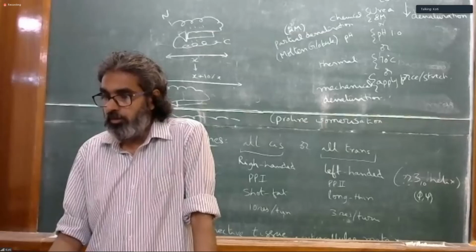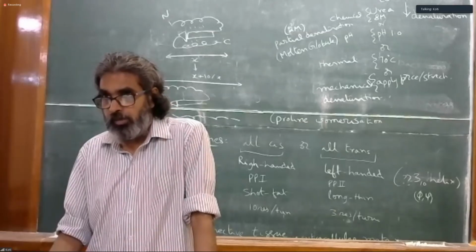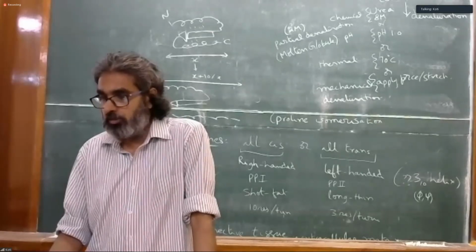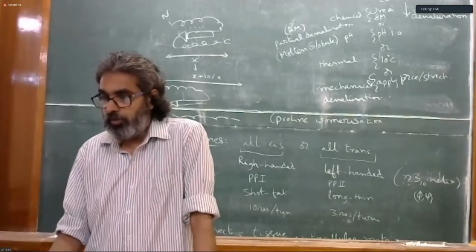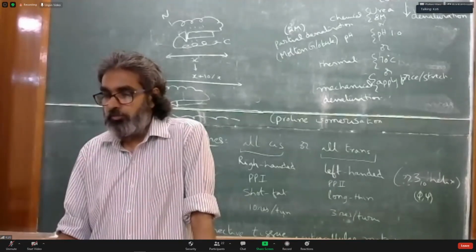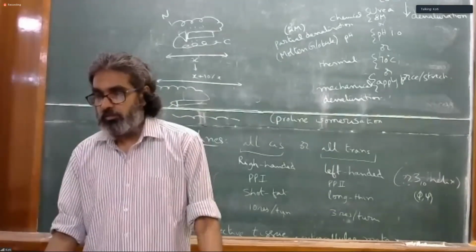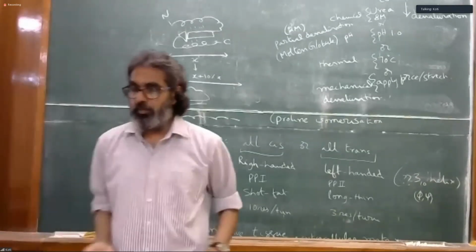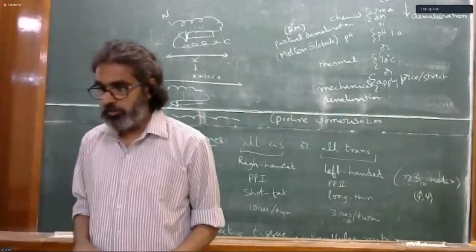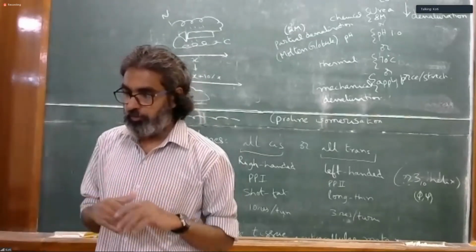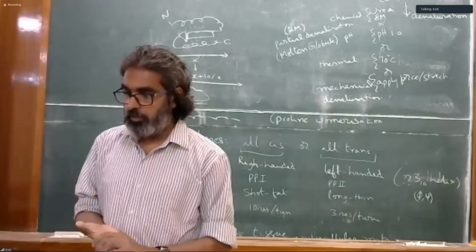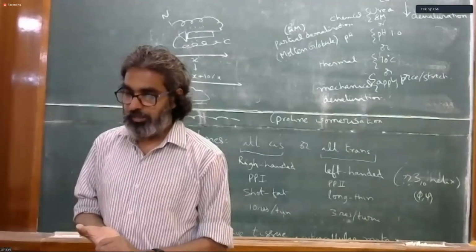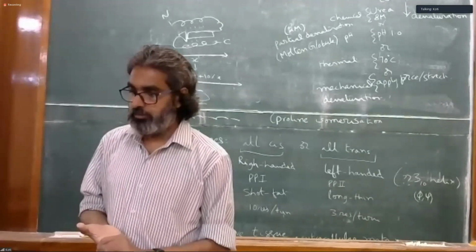So maybe after the next class, we can have 2 classes only for clarifying doubts, so that we can have a little more discussion. You come up with questions, which might be helpful in a discussion mode. I will not teach, but I'll be open to discussion, and you also bring in some interesting material. I think we'll do that after the next class. Maybe we'll take 2 classes, or at least 1 class for discussion, and then we'll see.